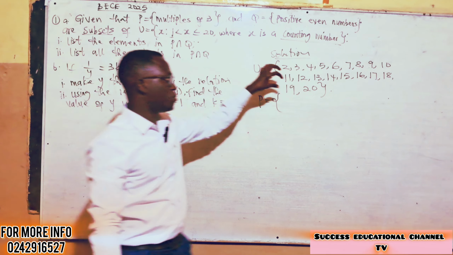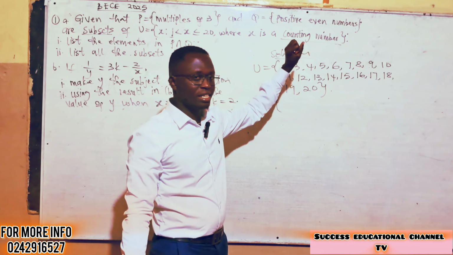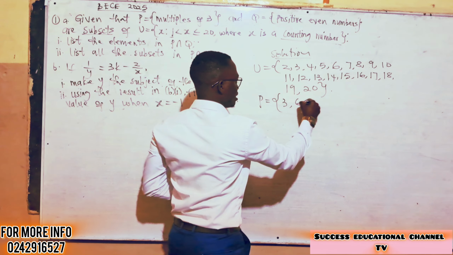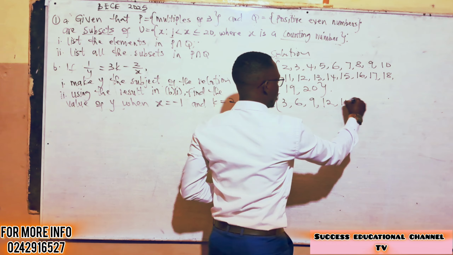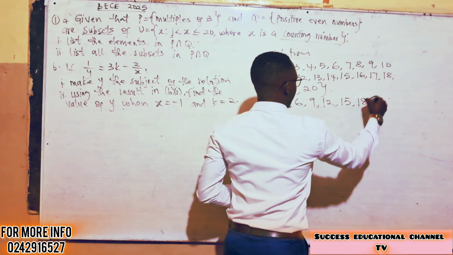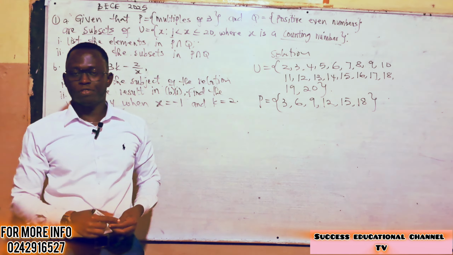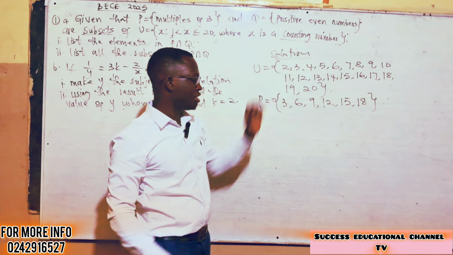You need to consider the multiples of 3 that are present in the universal set. So let's list them. We have 3, 6, 9, 12, 15, and 18. These are the multiples of 3 that are present in the universal set.